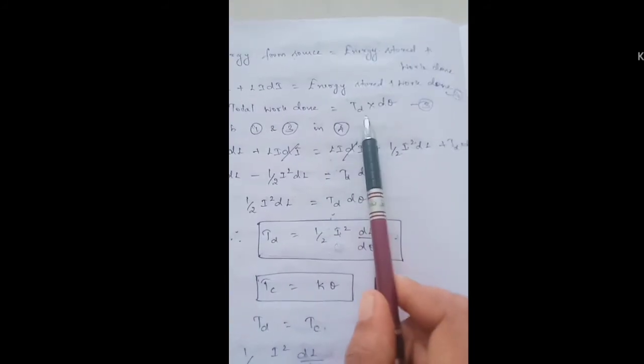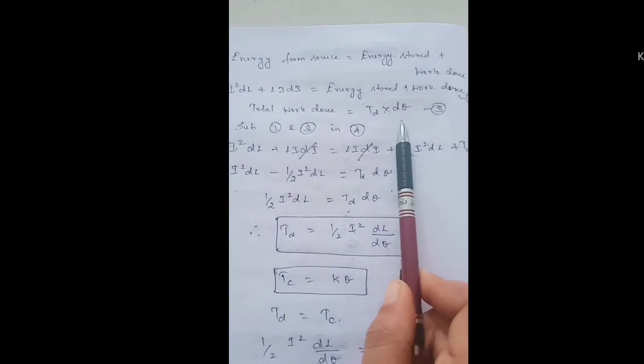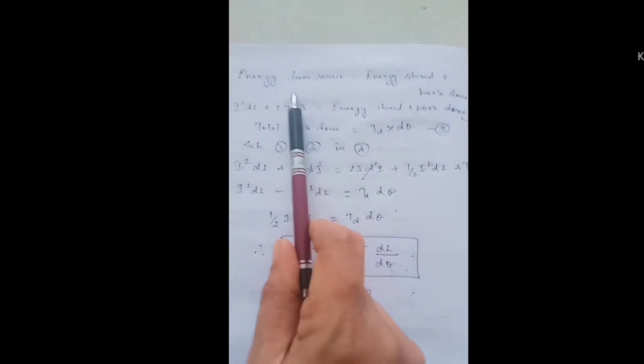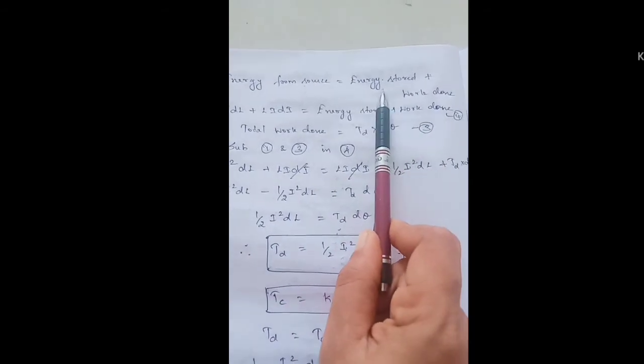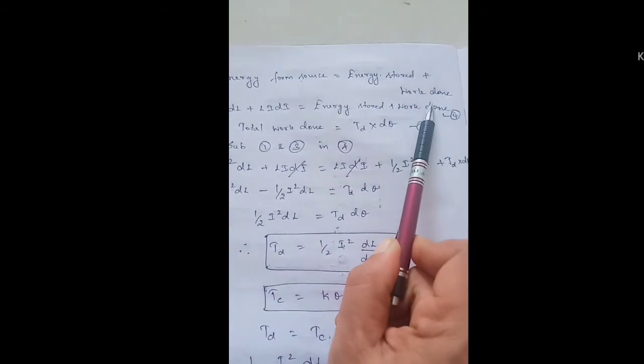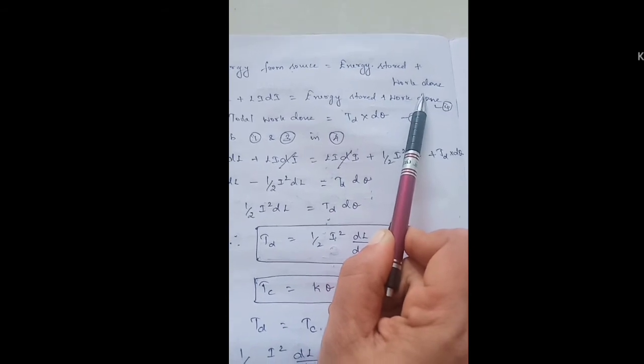So it can be represented as work done equal to Td into dθ. As I have said earlier, the energy from the source is equal to the energy stored in the inductor plus work done for deflecting the pointer.